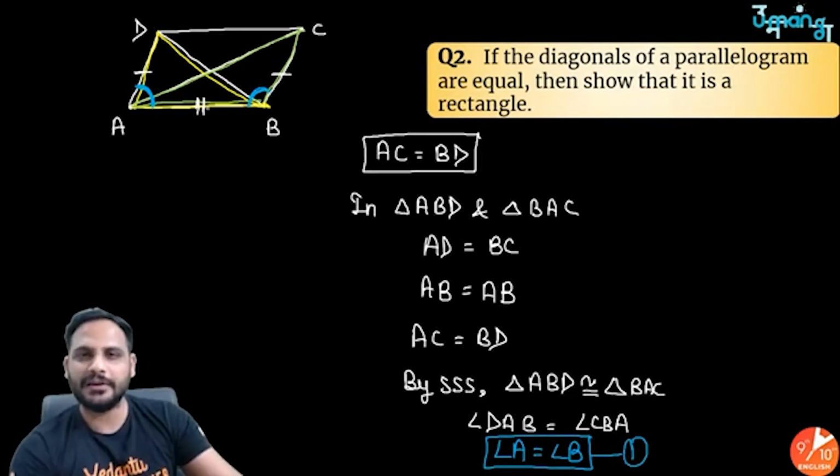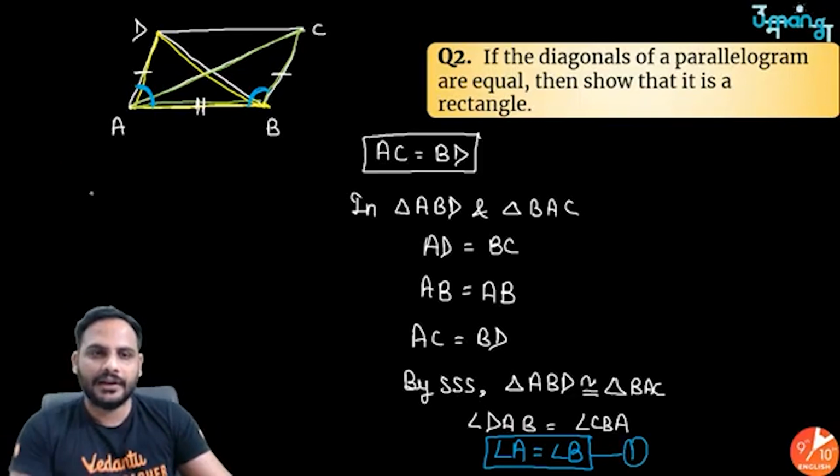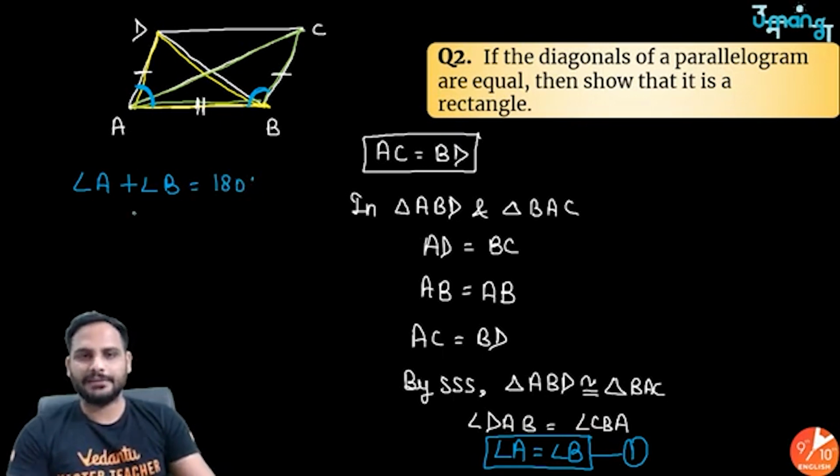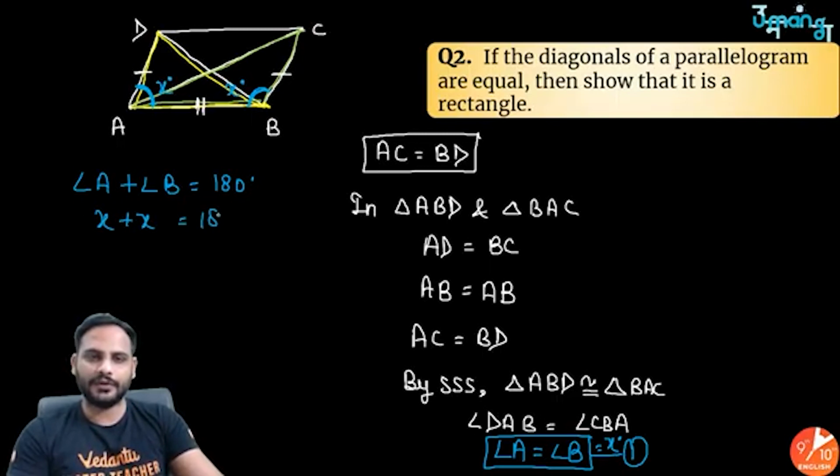Also, I know since ABCD is a parallelogram, angle A plus angle B must be equal to 180 degrees. Let's say angle A and angle B both are equal to x degrees. So x plus x is equal to 180, so from here you will get x is equal to 90 degrees.